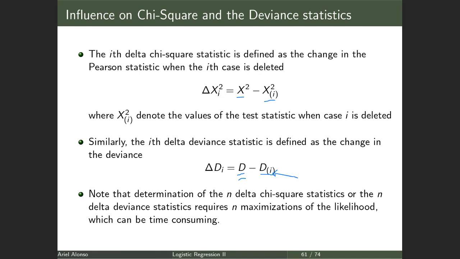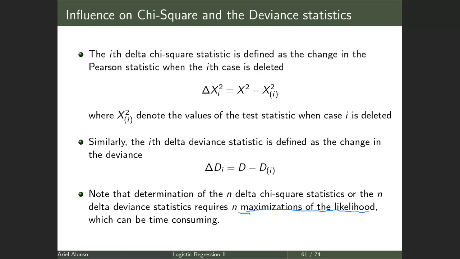Remove observation 2, calculate this. You need to calculate n times the deviance and the chi-square. You need to fit the model n times. Now, that means that you need to do n maximizations of the likelihood, because to calculate the deviance, the likelihood ratio test, or the chi-square, you need to calculate the maximum likelihood estimator. So you need to maximize the likelihood n times.